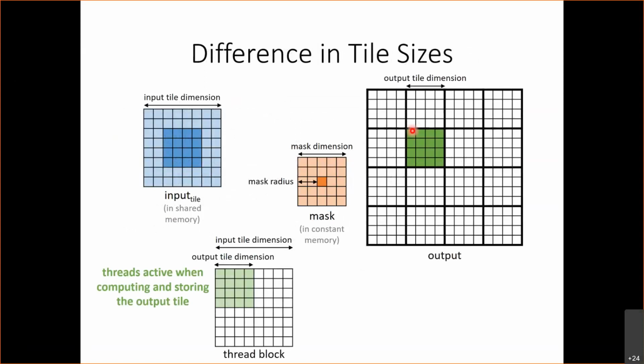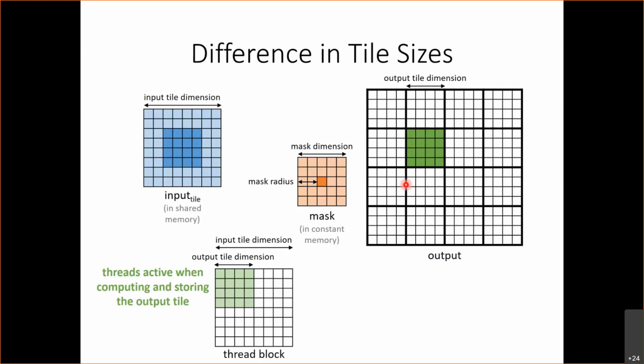Okay, so rather than focusing on what each thread does, we're focusing on what each thread block does, because some threads are only accessing data, they're not computing. So it's easier to think about what each thread block is doing. Each thread block is going to do how many operations?